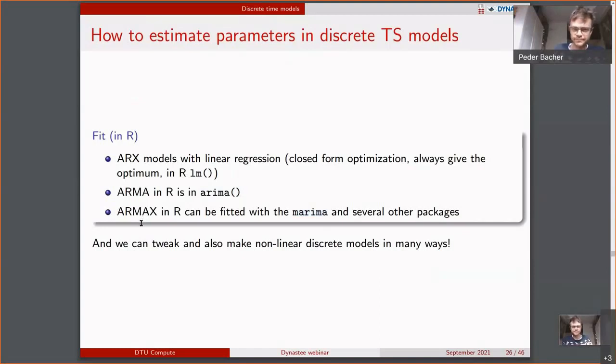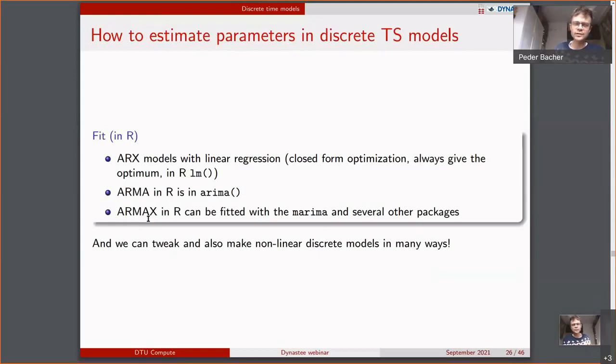but there are other packages which allow us to also have the MA part in the model. And these are linear discrete models, and they will work perfectly if you have a linear time invariant system, if that's what you're modeling. So it's a linear system, linear in the inputs and the lag values, and it's not changing over time.